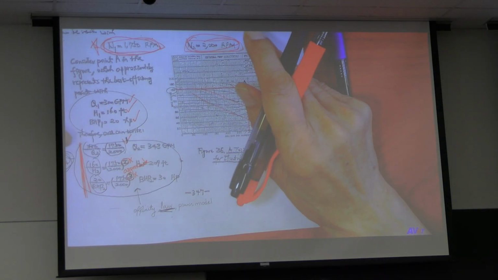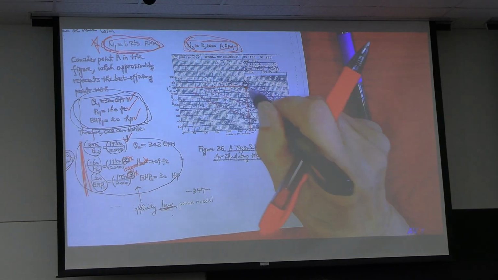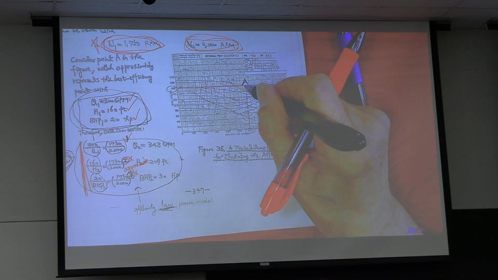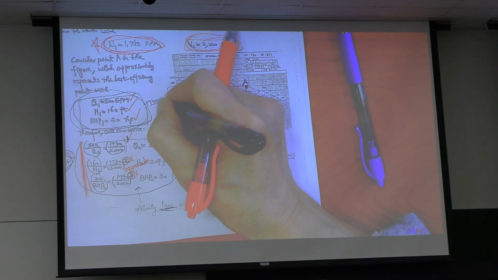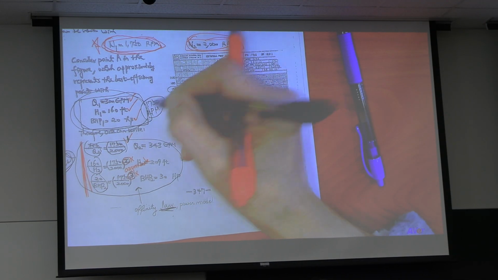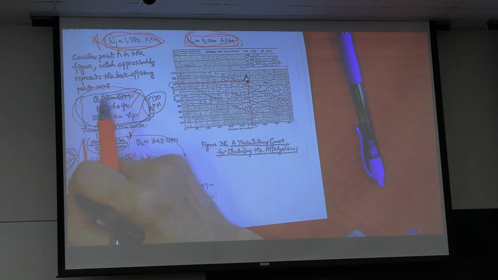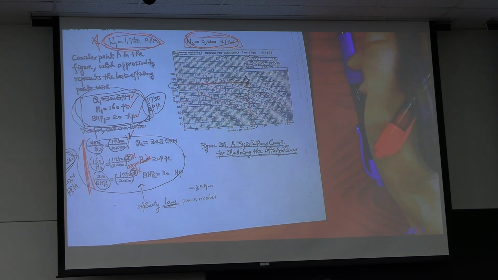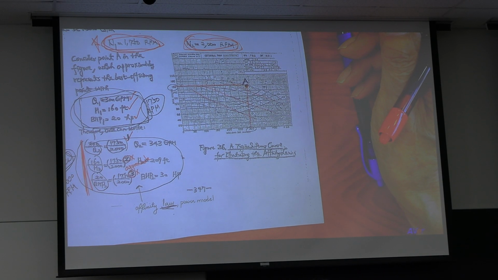So, let's apply this. Given condition, point A, on the pump curve, this is 1750 RPM. Now you want to change to 2000 RPM, because the vendor cannot provide you. They want you to do it yourself.